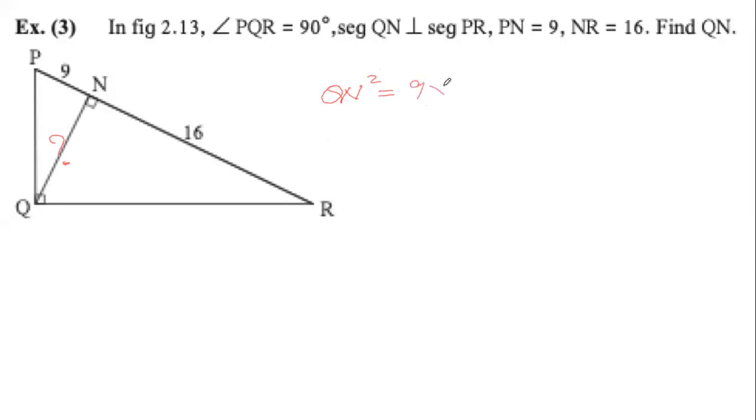So 9 into 16. Using square root, QN equals square root of 9 into 16. That means square root of 9 into square root of 16. Square root of 9 is 3. Square root of 16 is 4. This is 12 units.